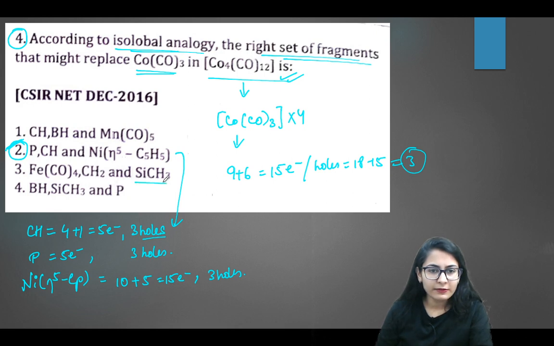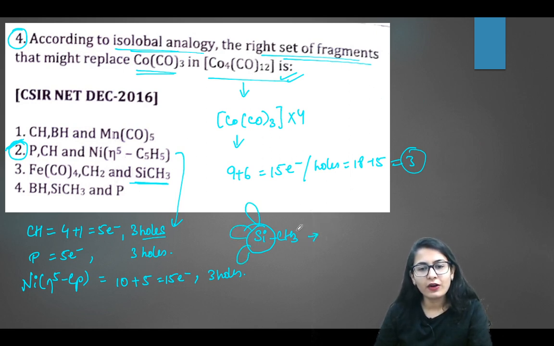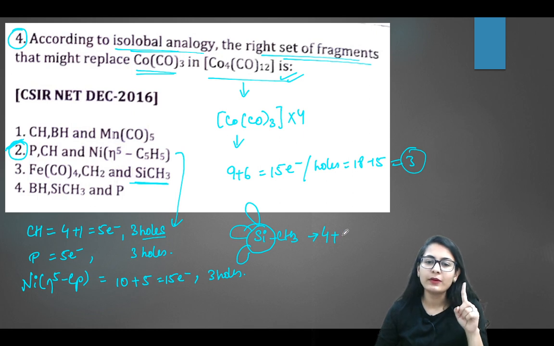And let me tell you, if you get confused about SiCH3, guys, look, SiCH3 is basically nothing. It is just that we are counting for main silicon. Silicon is going to have 3 frontier orbitals, because you know it is tetrahedral, right? So silicon is having 4 electrons because it is in the same group as carbon, and this methyl group is just donating 1 electron.